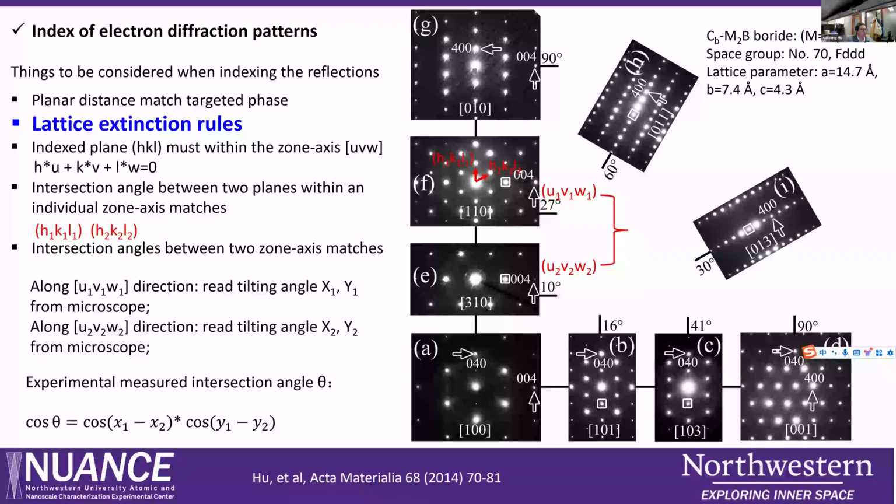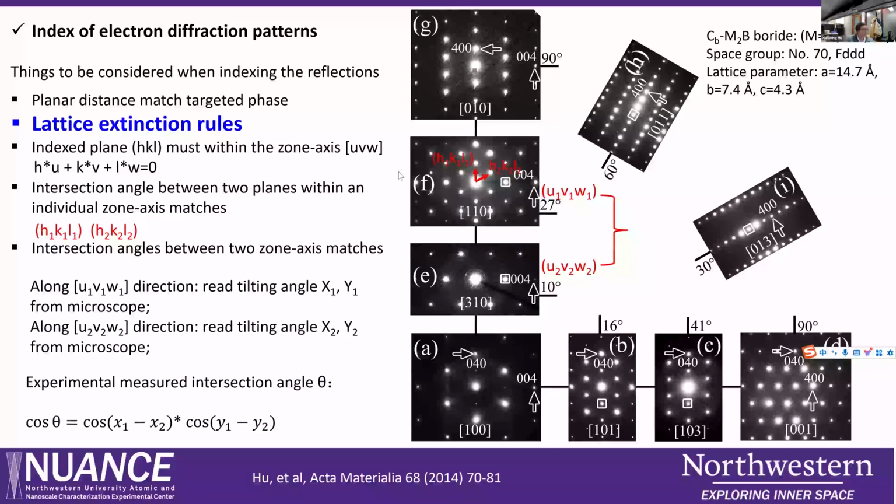The distance of the first spot can match many lattice planes, and H2 K2 L2 can also match many planes. To choose which one, you can calculate this angle based on your target phase, then measure the angle and make sure the two are equal or similar.